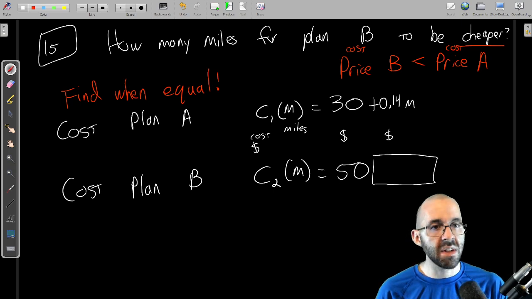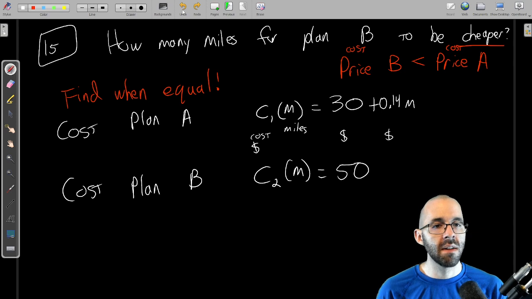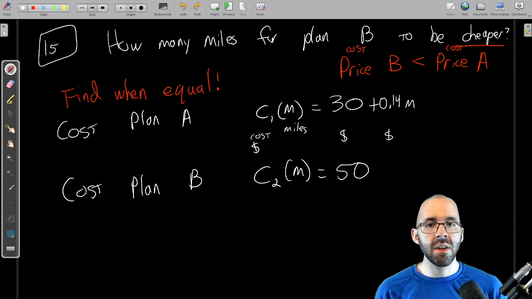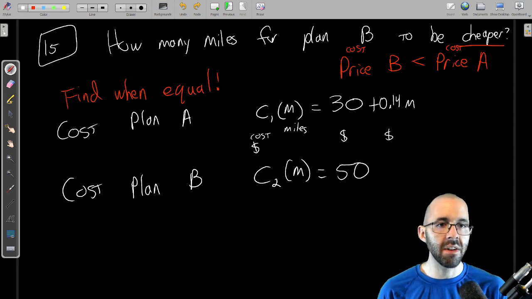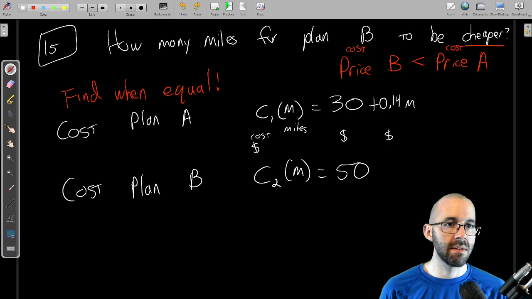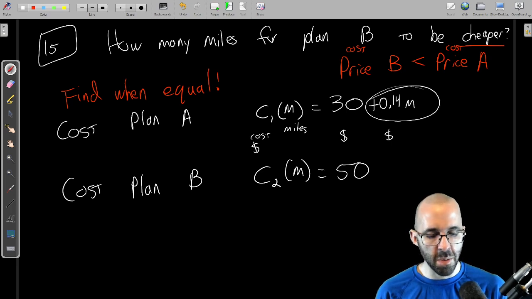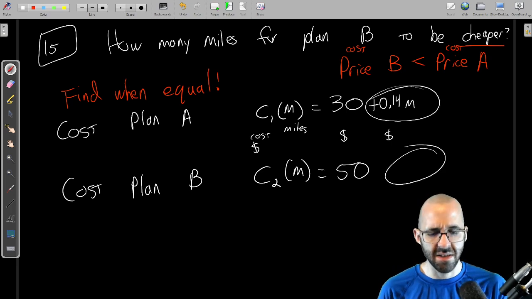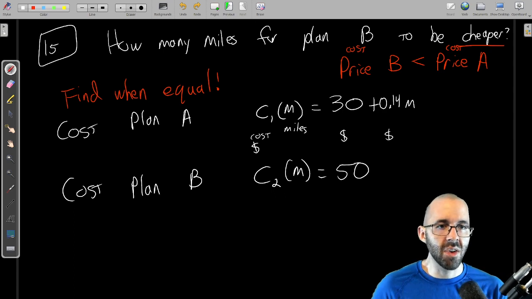So nothing goes here. It's just 50. All right. And you can do some checks. If we do one day, okay, $30 and $50 for each plan, and like 10 miles. Well, this one charges you per mile, but this one's still just $50.